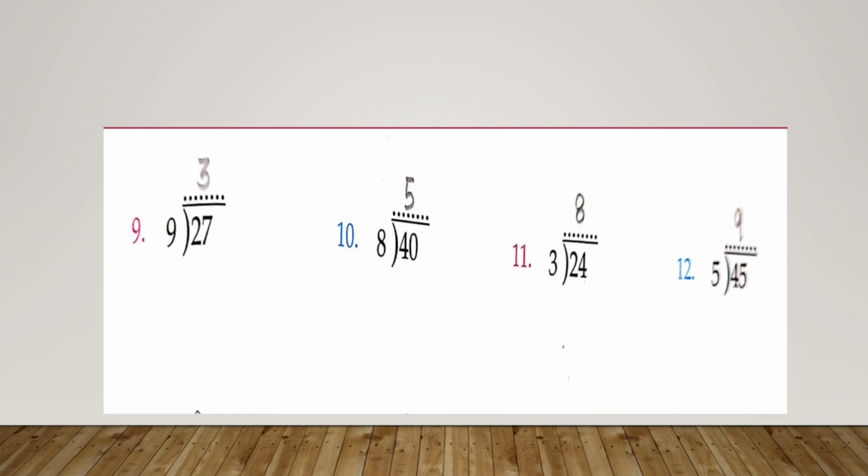So children, here when you divide 24 by 3, you will get the answer 8 and 8 will be your quotient.